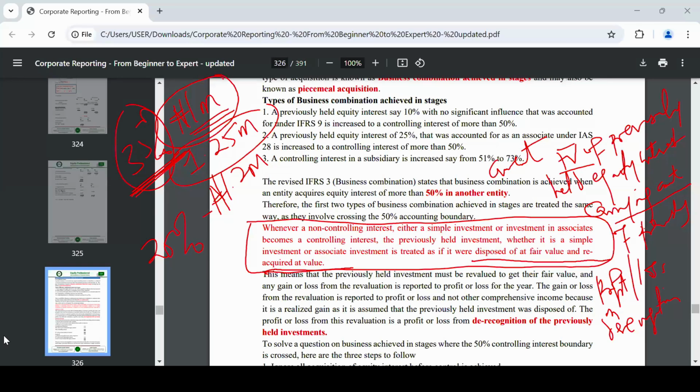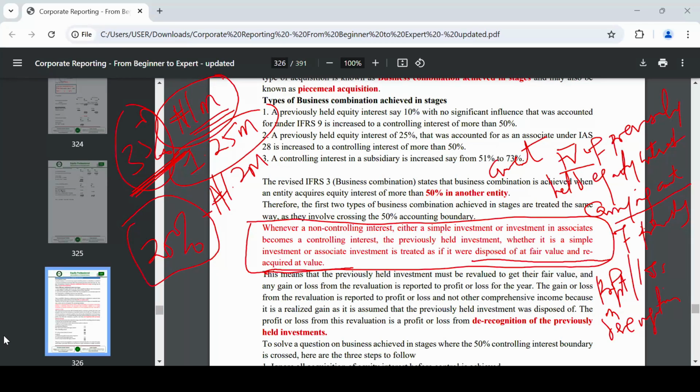Okay? We're going to compare that with the fair value of this 1 million. Now, let's say in a scenario where the fair value as of this date, when you bought 20%, they didn't give us the share price.